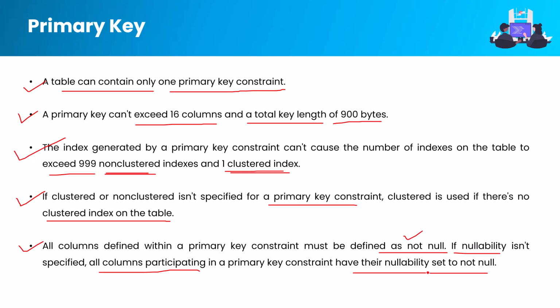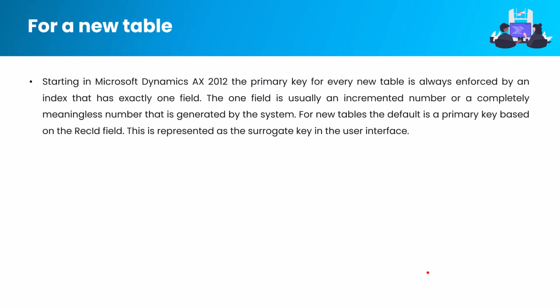Now we'll move to one important point for a primary key index for a new table. In the case of the AX 2012 version, as well as in D365 Finance and Operations, the primary key for every new table is always enforced by an index, and that has exactly one field, and the field is usually an incremented number.